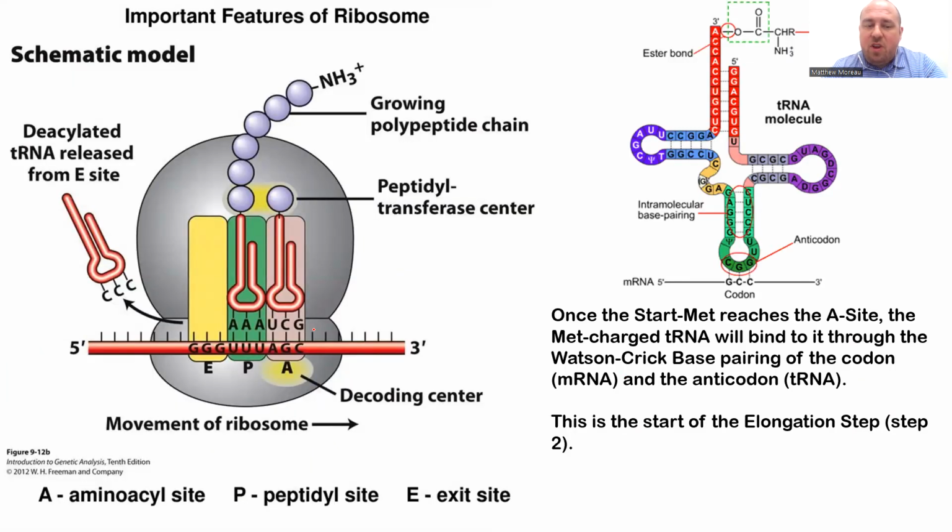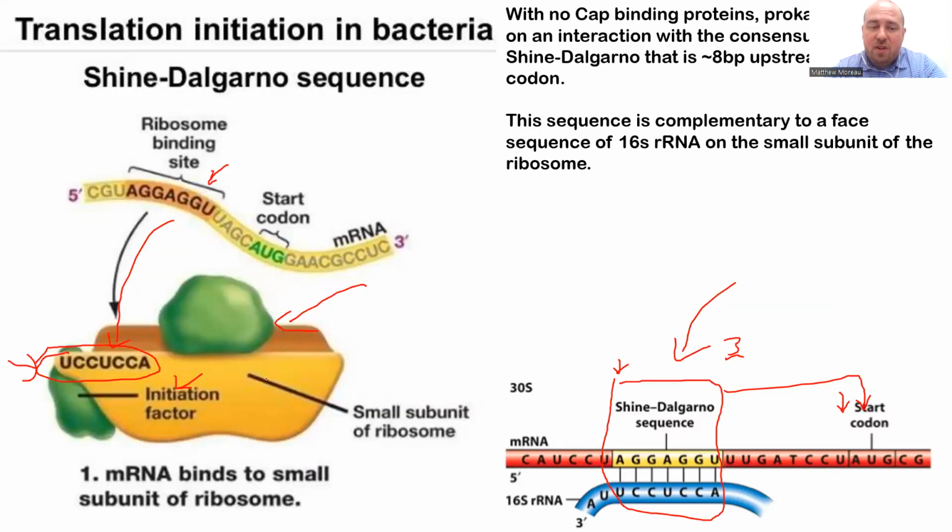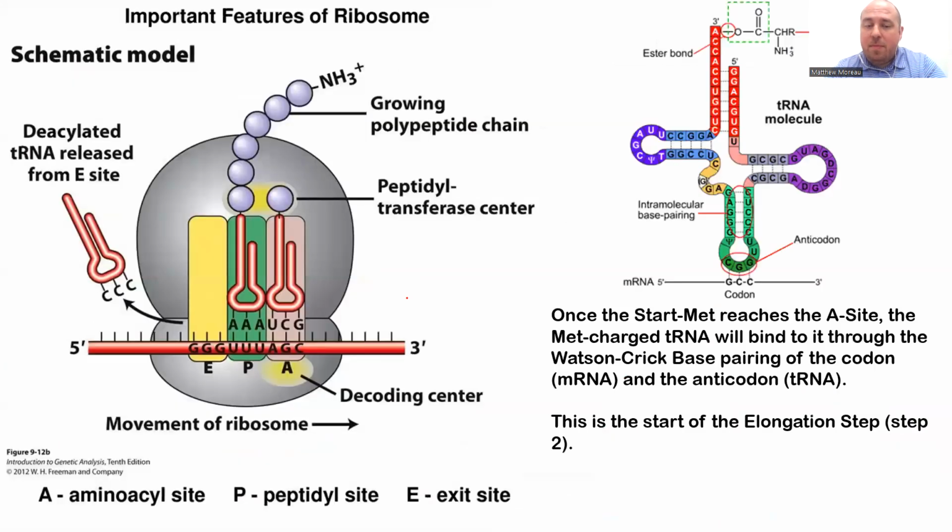So translational initiation begins when this occurs, and when all of these things are assembled. This is actually what triggers the large subunit to sit down on top of that binding groove and allow for the beginning or the assembly of the different catalytic sites or recognition sites within the ribosome.